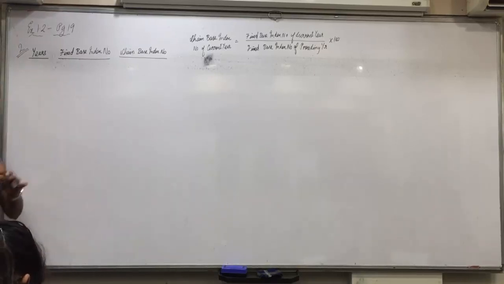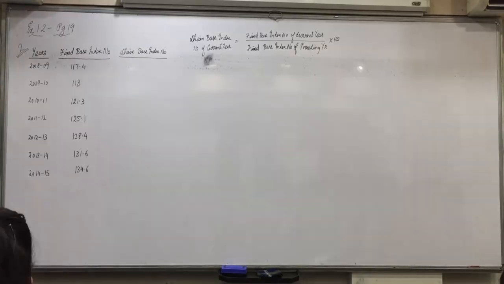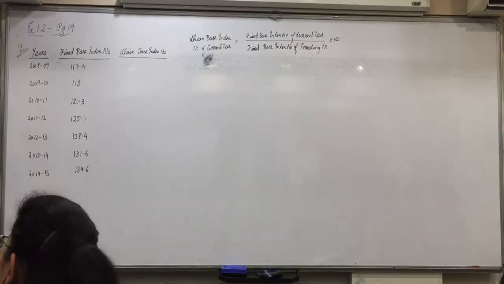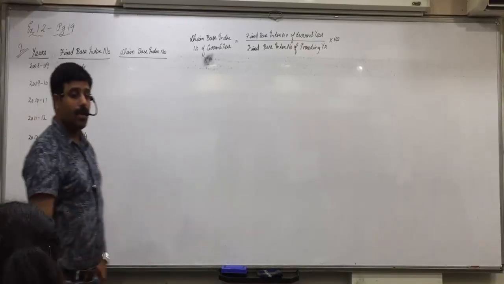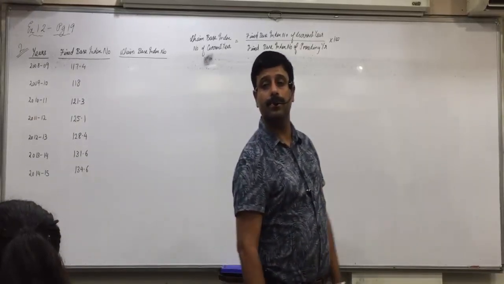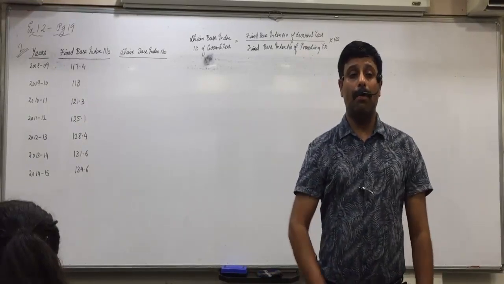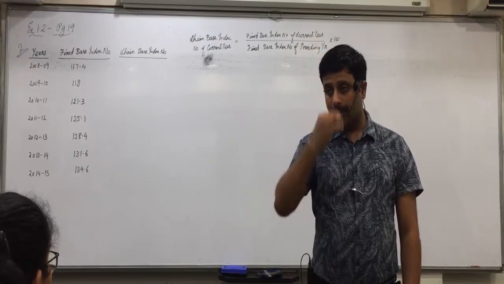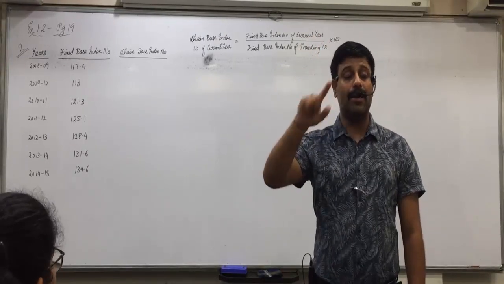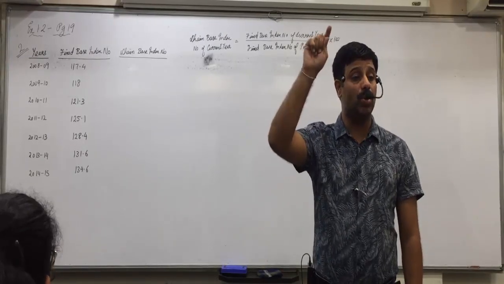So write the first 2 columns leaving one line each. Yes, no talking between. Done with it, everyone? Who all are still writing up till here? Is base year mentioned? Which year is the base year? Base year is mentioned means 100 can be only for that base year 7 to 8.